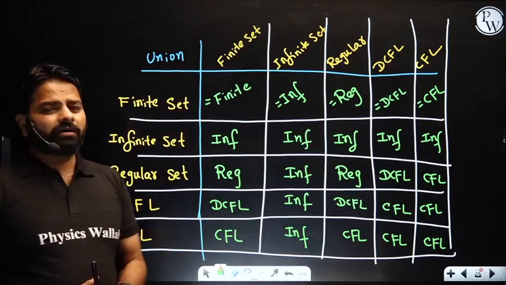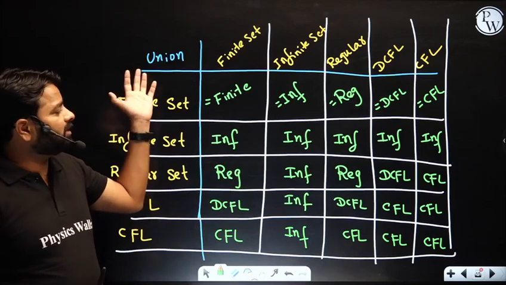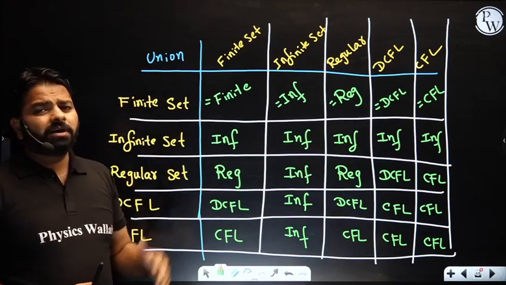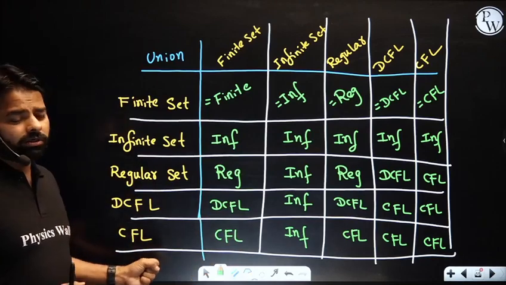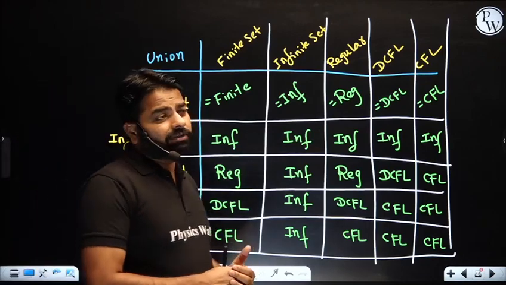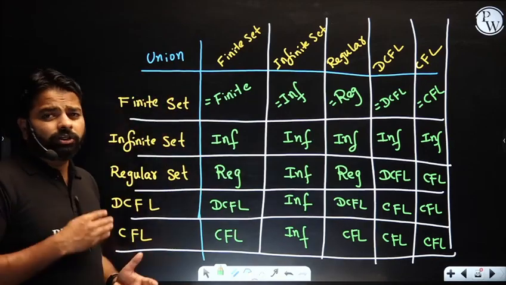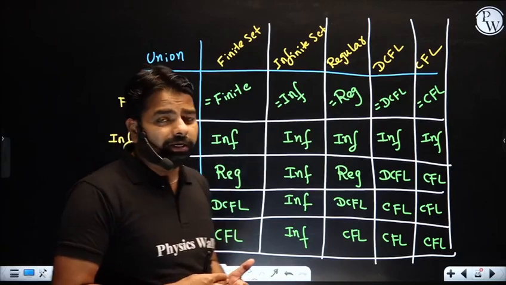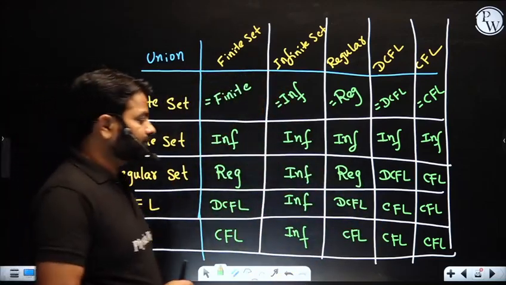Similarly, you can apply intersection, complement, reversal, concatenation, set difference. We are going to see some examples, and this table really helps you a lot. If you see previous year GATE questions, union is one of the important closure properties for different domains.